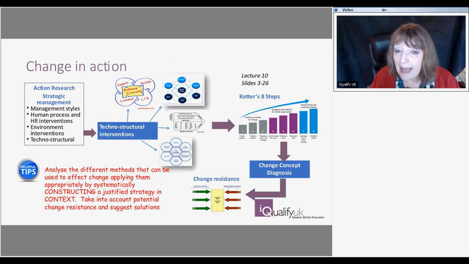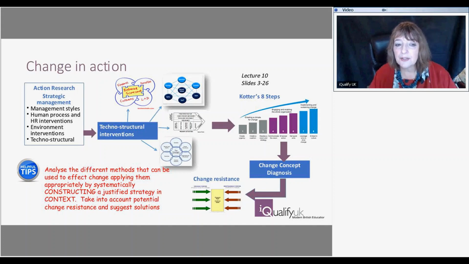Now, lecture 10, covering slides 3 to 26, is all about change in action. So in this one, we looked at both action research and also strategic management and the different styles available to us to meet our overall goals.